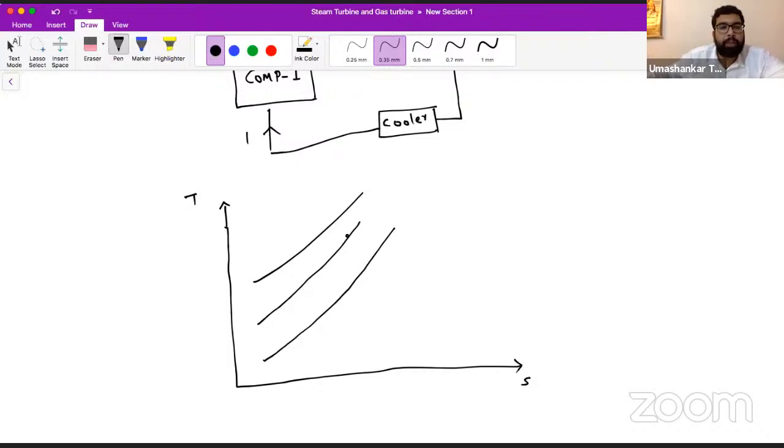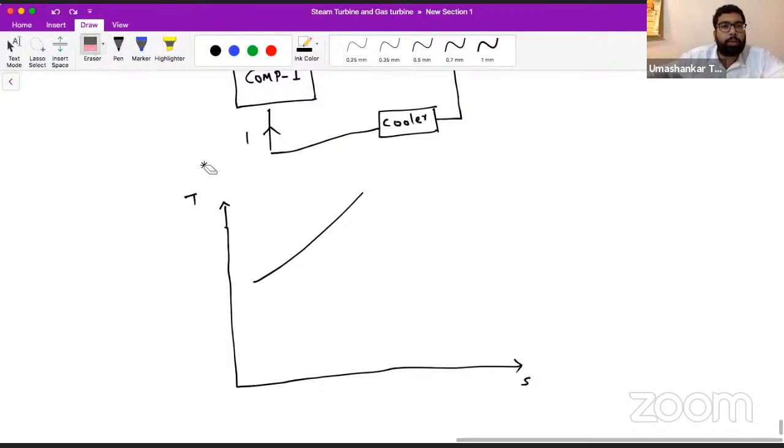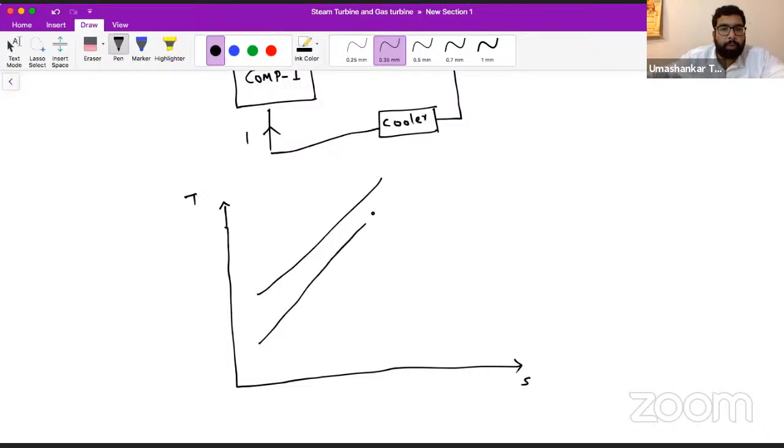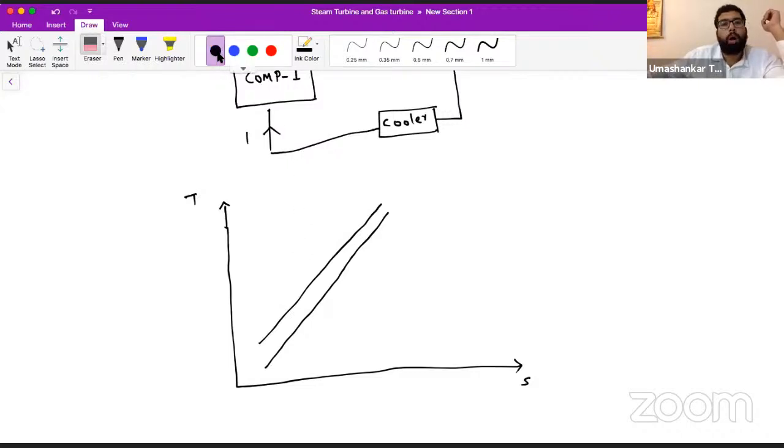Later on we have to do the regeneration also, so try to make these lines in such a way that the exit temperature of the turbine is above the entry temperature to the combustion chamber.